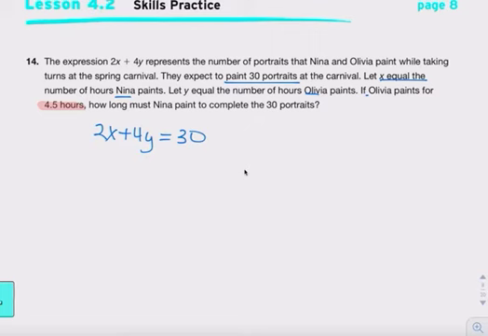So Olivia is 4.5 hours. The variable for Olivia is y. Y equals Olivia right there.